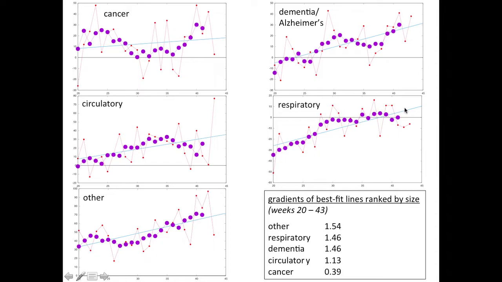But it is returning back to the baseline and plateauing there. So the respiratory looks like a plateauing at the baseline, whereas the dementia, Alzheimer's and the circulatory, I would say, are increasing pretty smoothly above the baseline. And again, this category other is probably the most concerning of all in these causes of death data.